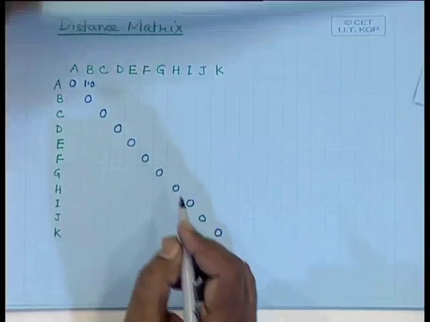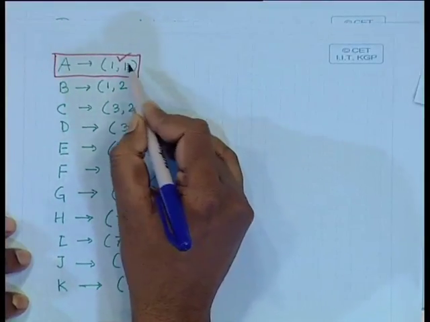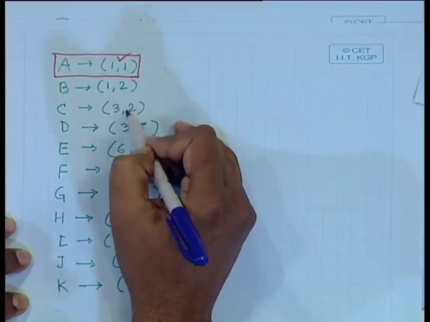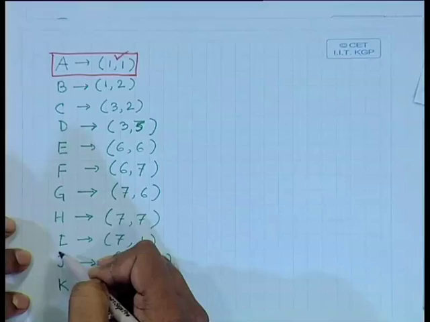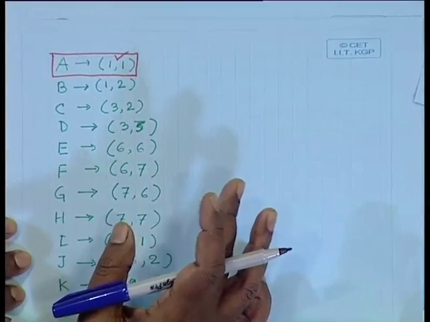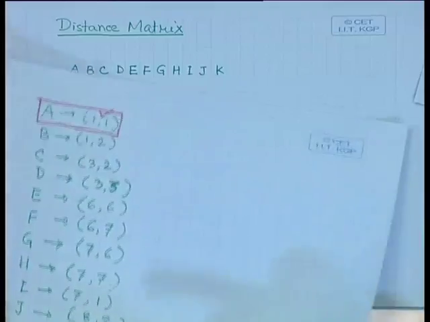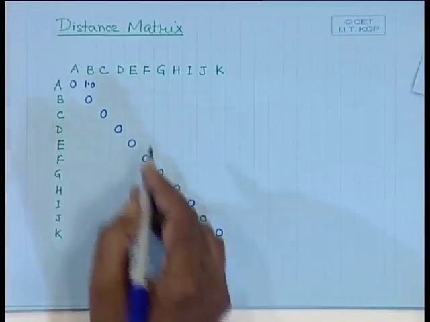Similarly, I can also compute the distance between A and C. There is 1 1, there is 3 2. I can simply compute the Euclidean distance. So, likewise I can compute the Euclidean distance between every pair of feature vectors. Okay. So, if I complete this distance matrix, it will be something like this.